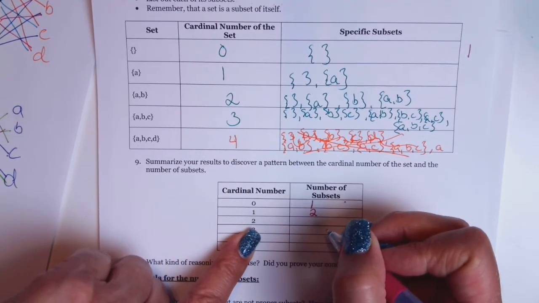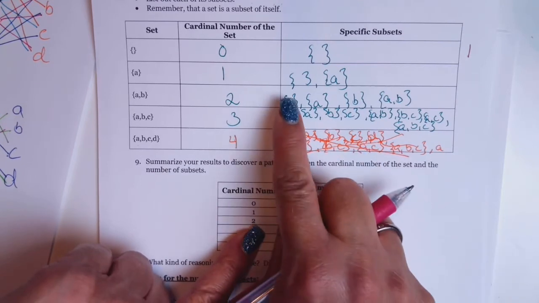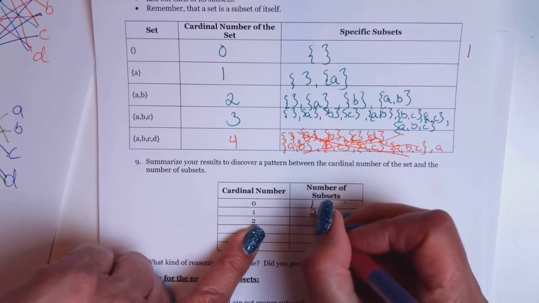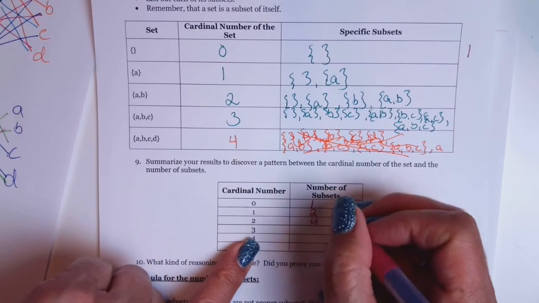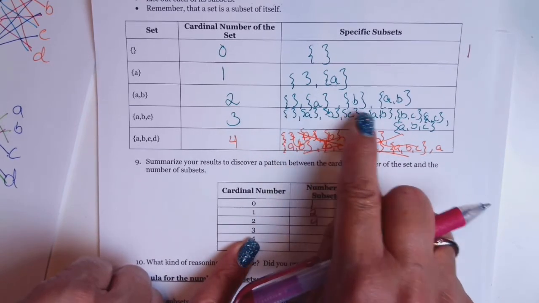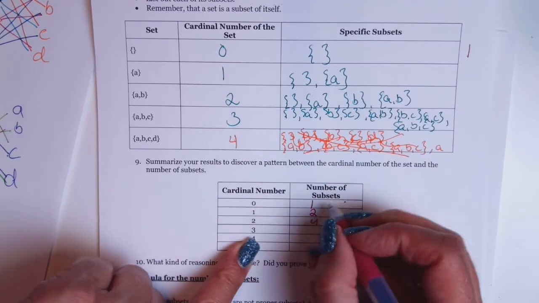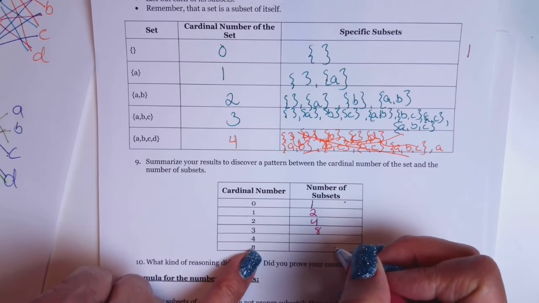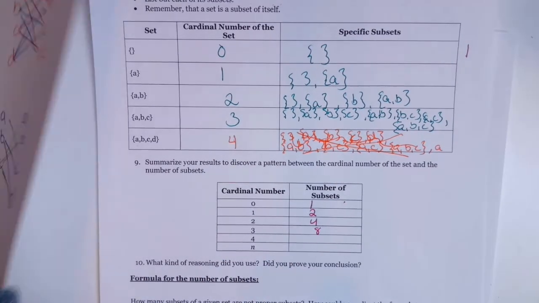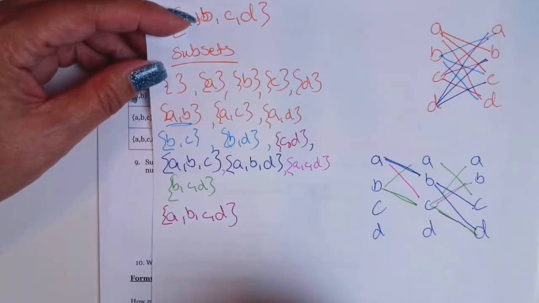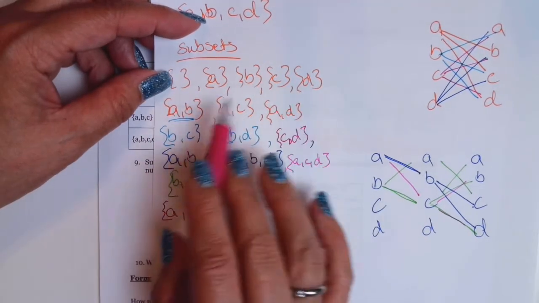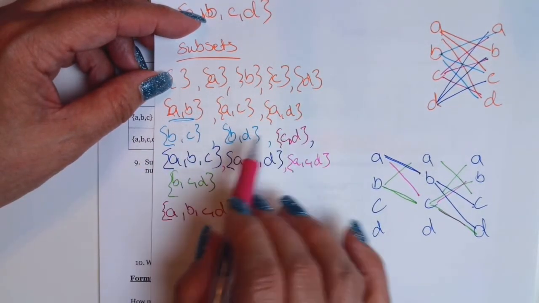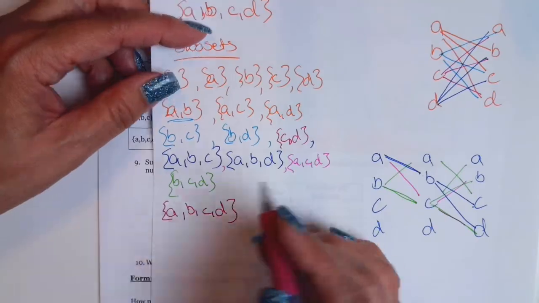The subsets for the cardinal number of 2 are 1, 2, 3, and 4. For cardinal number of 3, 1, 2, 3, 4, 5, 6, 7, 8. For 4, we need to take this paper here and count 1, 2, 3, 4, 5, 6, 7, 8, 9, 10, 11, 12, 13, 14, 15, 16.